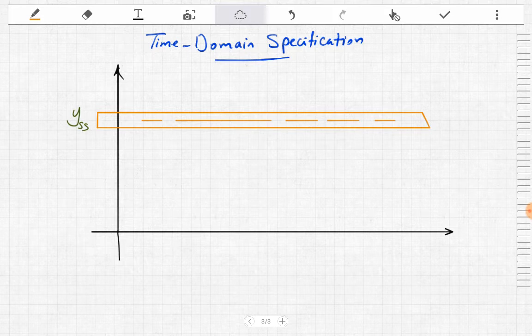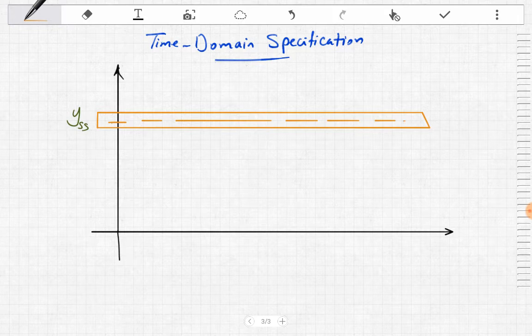Some people use 2%, and some people use 5%. What does it mean? It means they don't want exactly to reach YSS. It's okay if you are plus or minus 2% of the final value. And in some applications, they have a bigger allowance, so they let it go for 5% plus or minus.